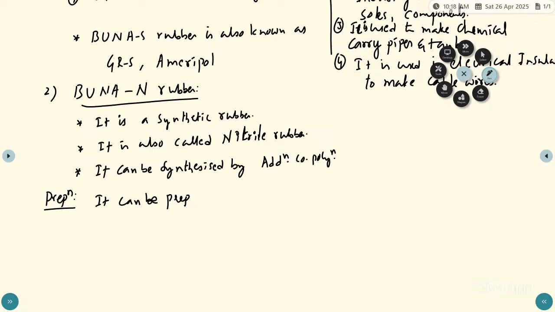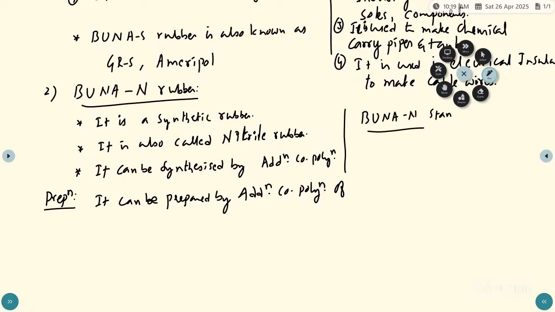It can be prepared by addition copolymerization of what? Wait, first write what Buna-N stands for.